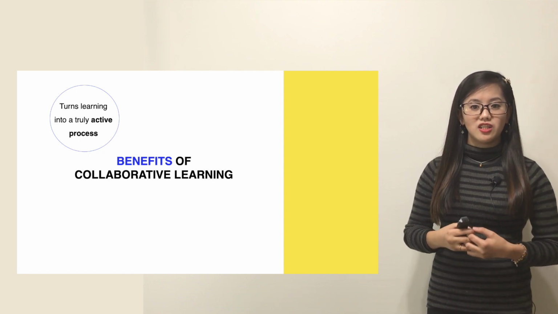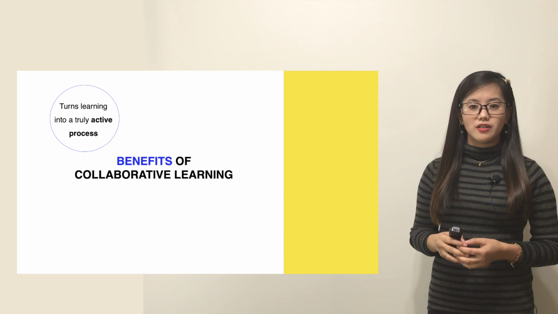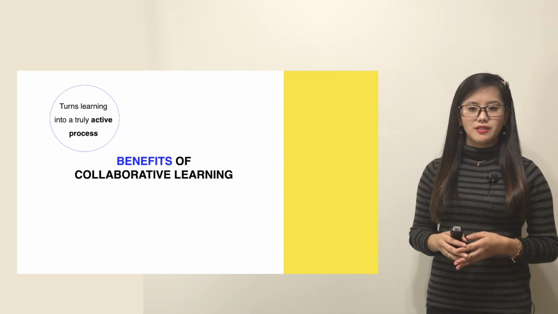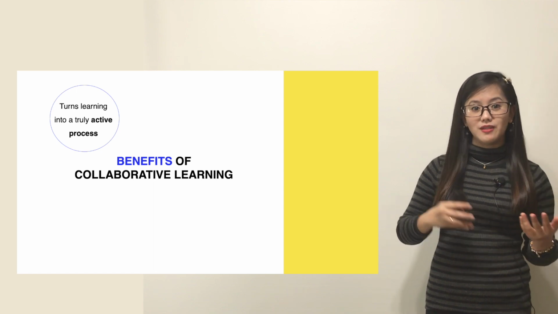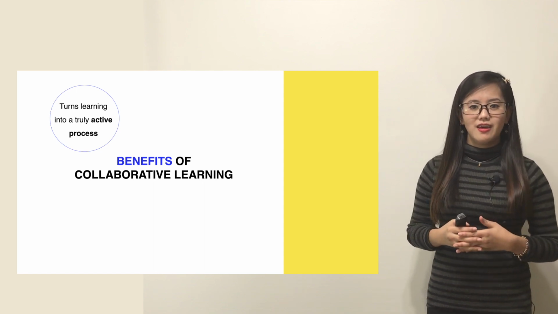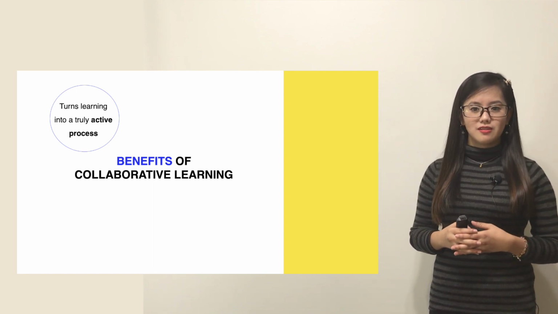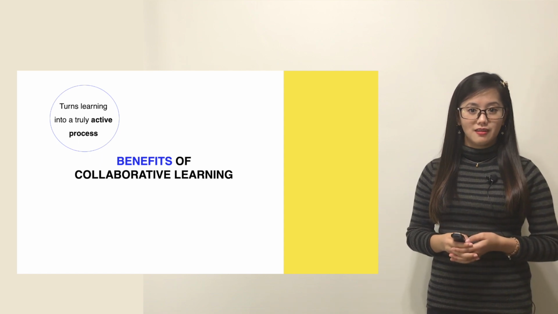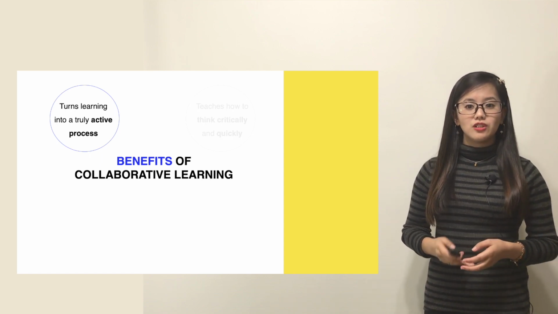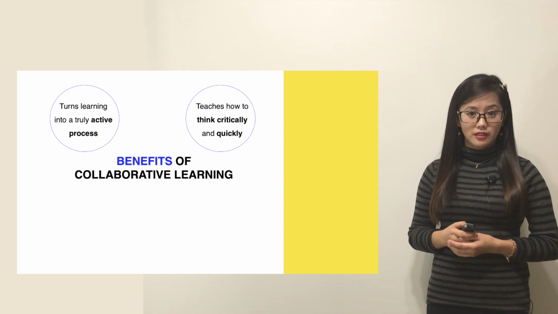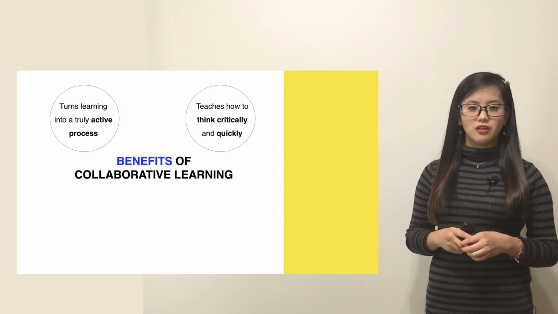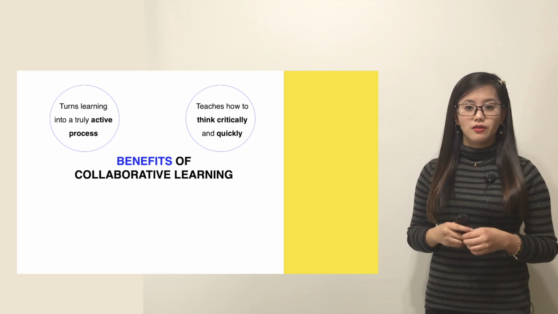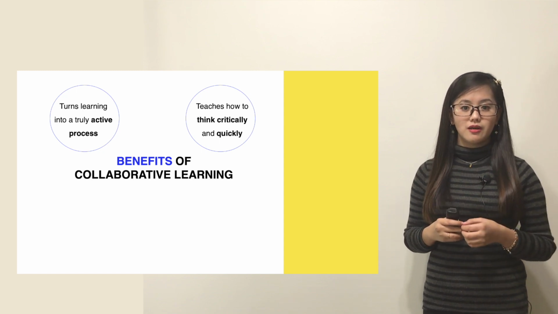Students are engaged to organize their thoughts and present a cohesive argument, so they could agree or disagree about something, and they can share and discuss their unique ideas. It also teaches students how to think critically and quickly while taking in new information and adjusting their own viewpoints as ideas are introduced.